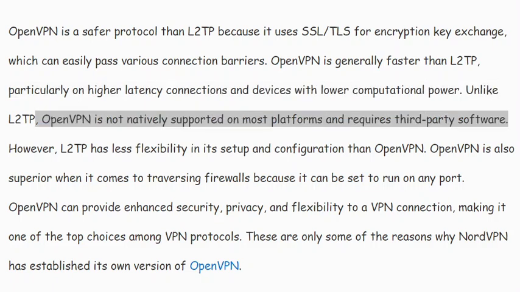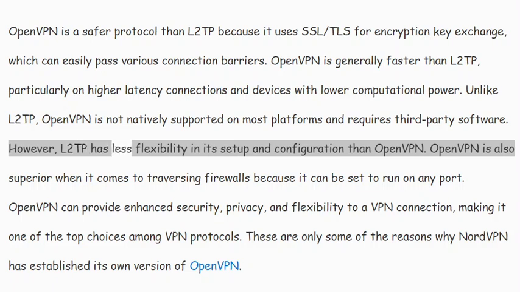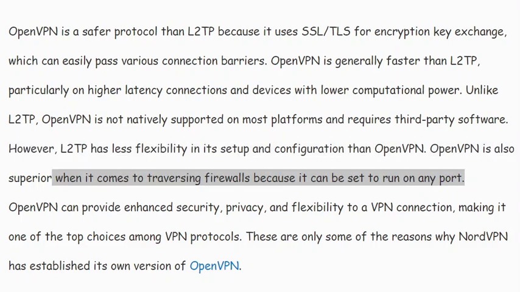Unlike L2TP, OpenVPN is not natively supported on most platforms and requires third-party software. However, L2TP has less flexibility in its setup and configuration than OpenVPN. OpenVPN is also superior when it comes to traversing firewalls because it can be set to run on any port.